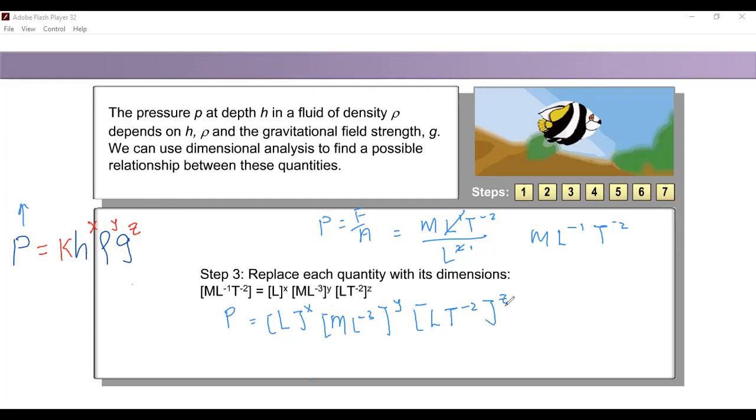So we assume it's the power z. Now we arrange. That means here we have L^x, M^y, L^(negative 3y), L^z, T^(negative 2z). Okay, Jia Wei, until here, do you understand? Can you follow?